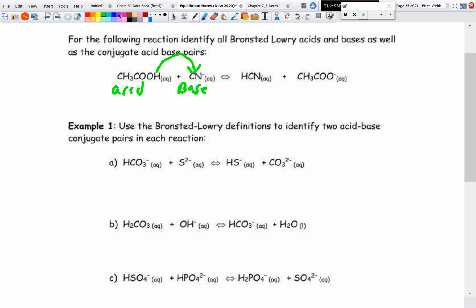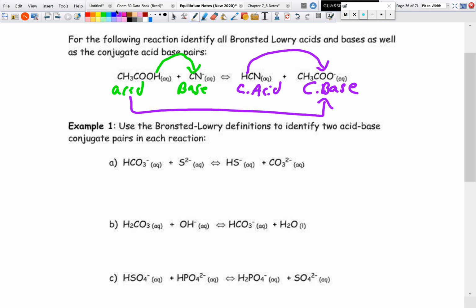Whereas in the reverse reaction, the hydrogen leaves the cyanide and goes to the acetate. So this is the conjugate acid, and this is acting as the conjugate base. So we have our acid and conjugate base, and base and conjugate acid pairing up.